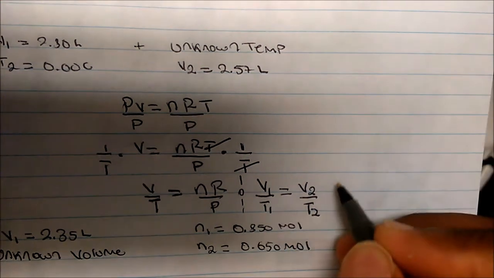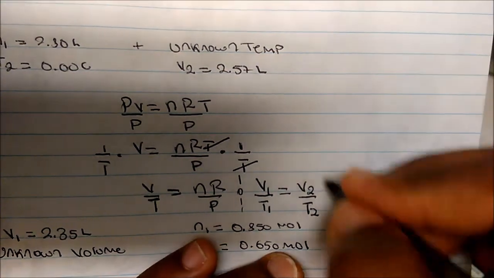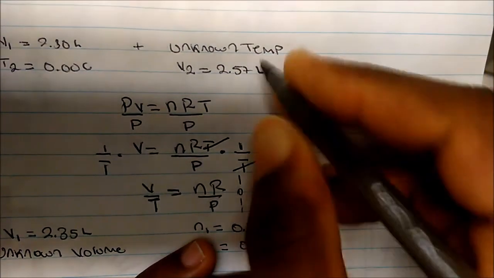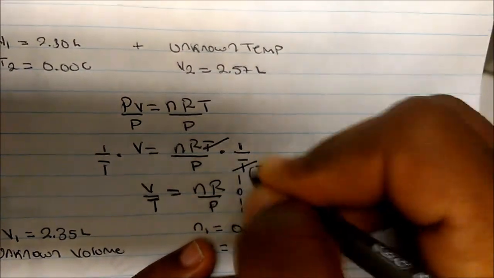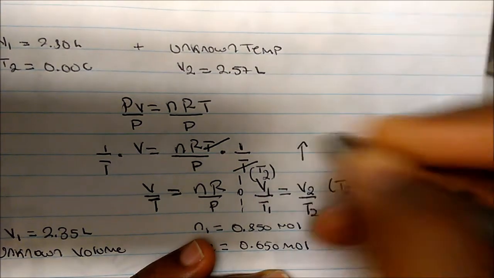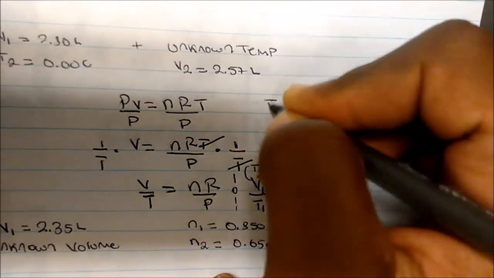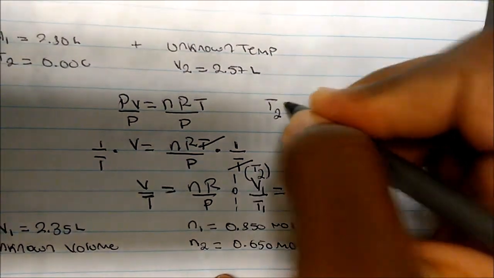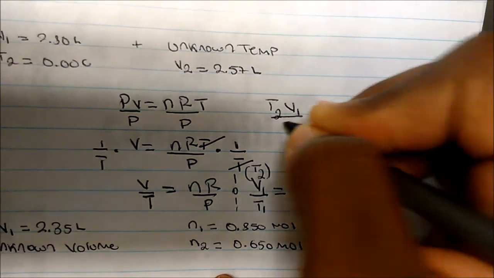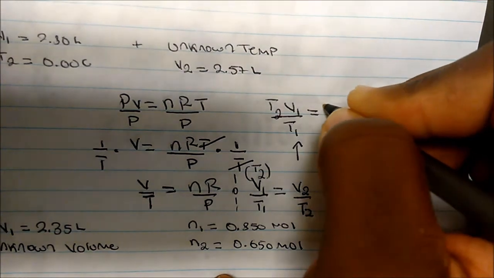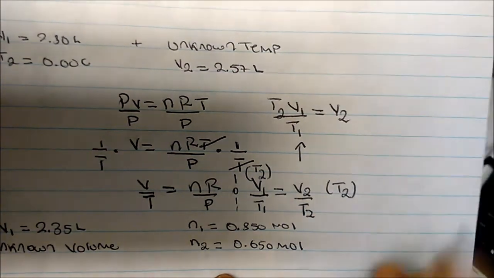Okay, we can multiply by T2 on the same side. So let's do it. If I multiply by T2 on both sides of the equation, I'm just going to go up a little bit here. Then I get T2 V1 divided by T1 to be equal to V2.